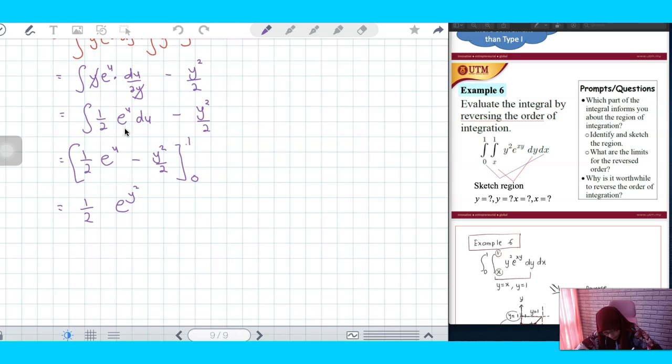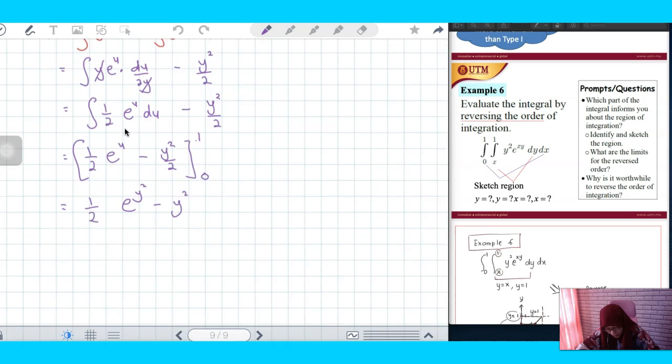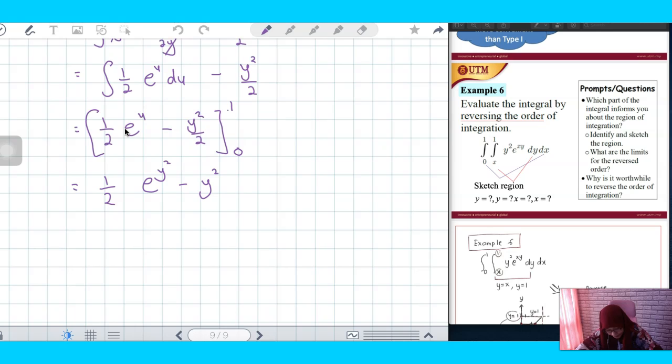So e^(y squared) minus y squared. Then we replace 0 to 1: 1 over 2 times e^1 minus 1, minus e^0 minus 0.